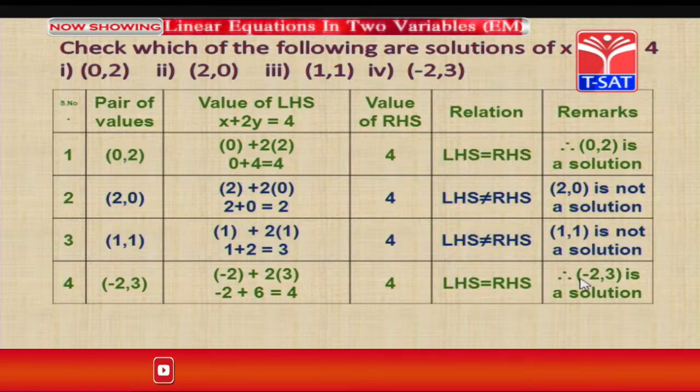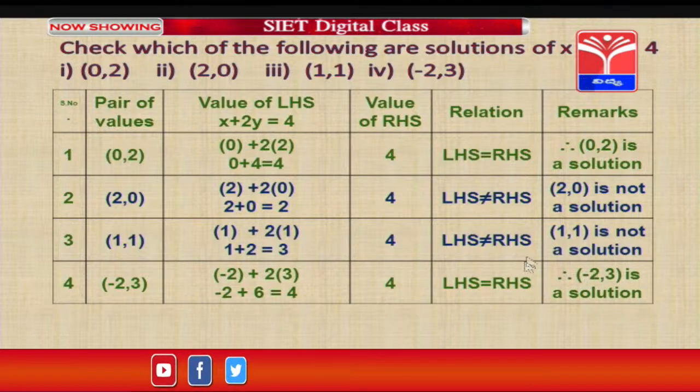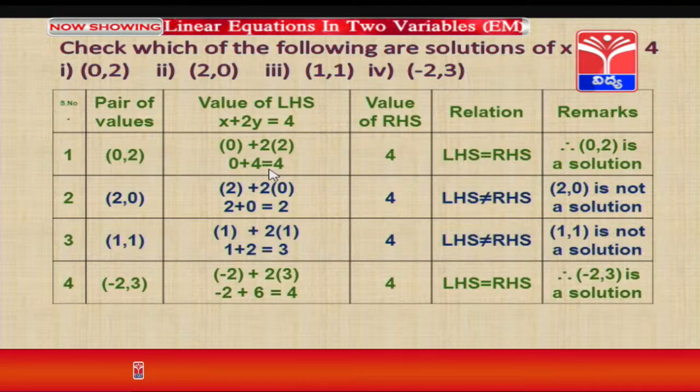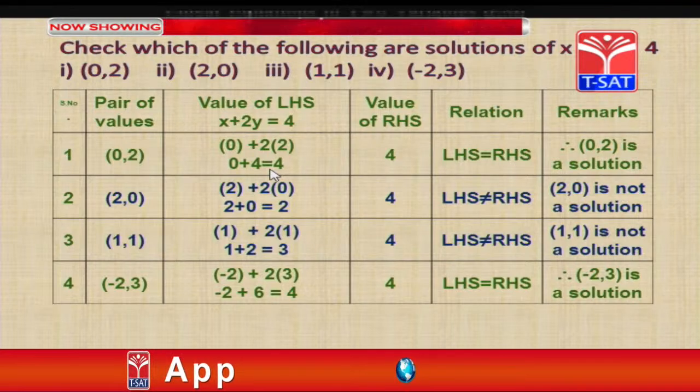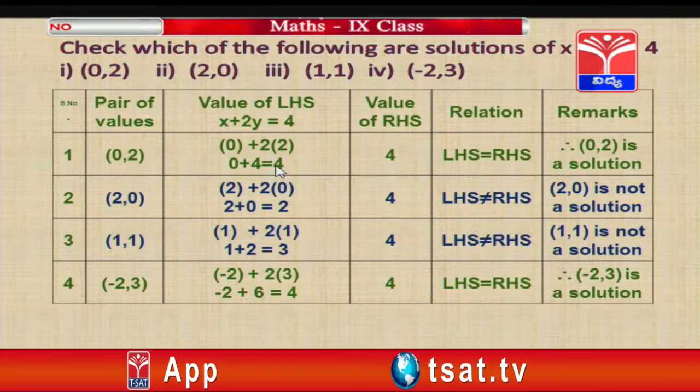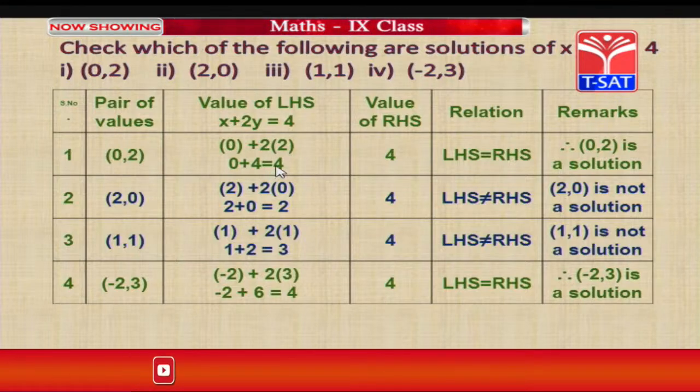That means (-2, 3) is the solution for the given equation x plus 2y is equal to 4. Are you clear, children? If it is satisfying the condition, left hand side is equal to right hand side, then you can say it is a solution, else it is not a solution.